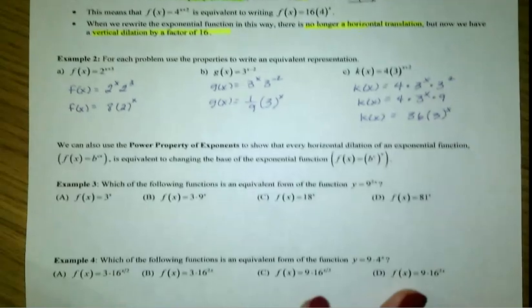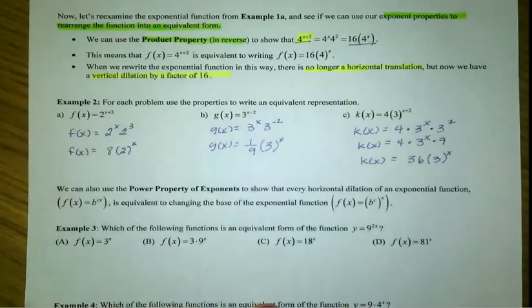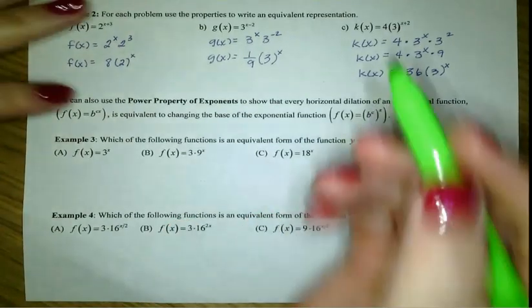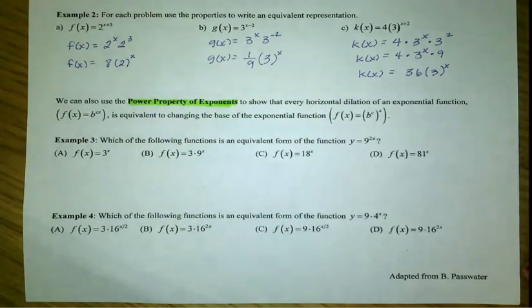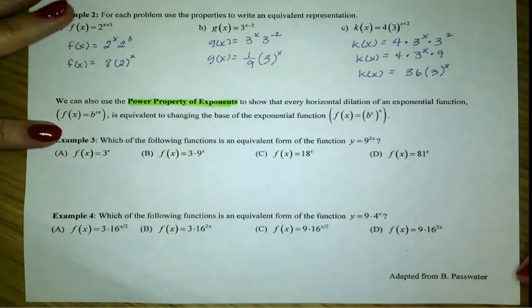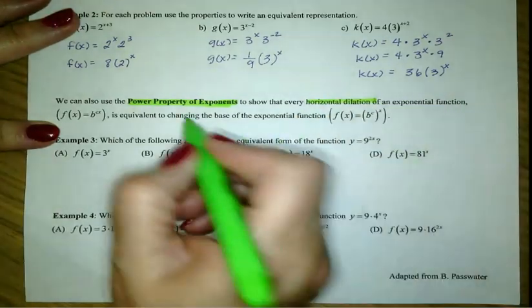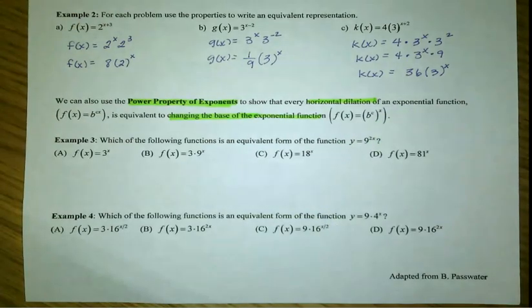All right. So we're using the product property here, but we can also use the power property of exponents to rewrite with. And then we can show that every horizontal dilation of an exponential function is equivalent to changing the base of the exponential function. So what does this mean?